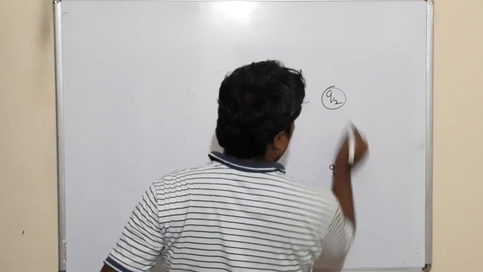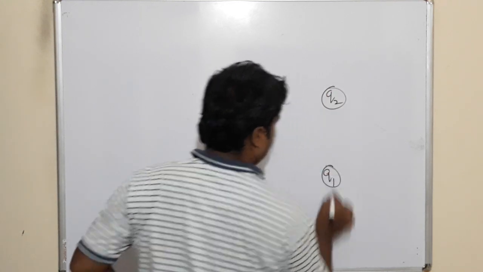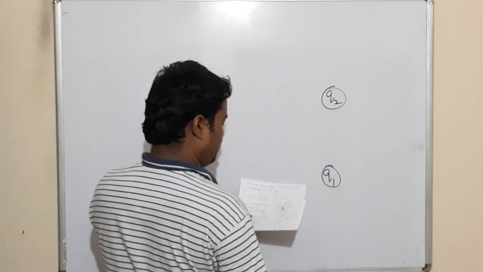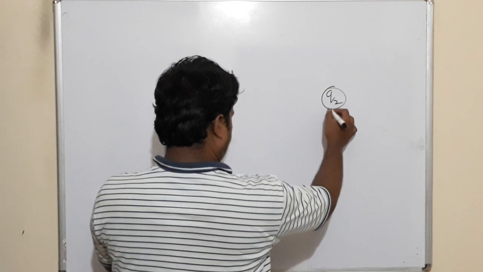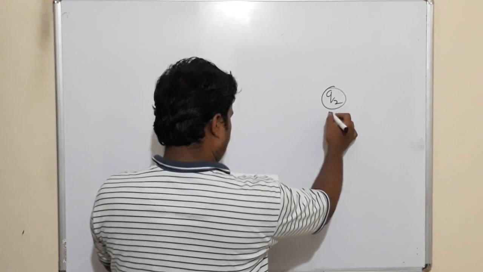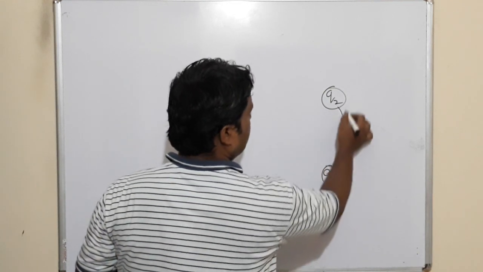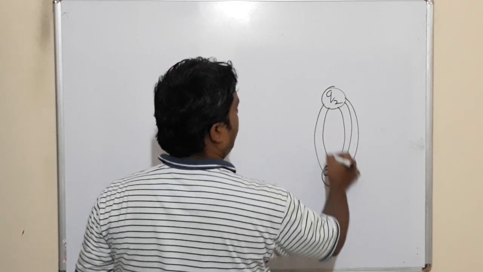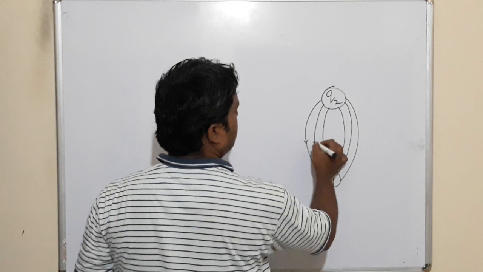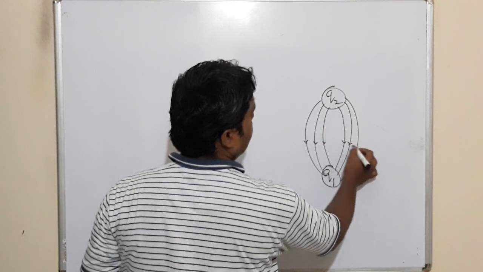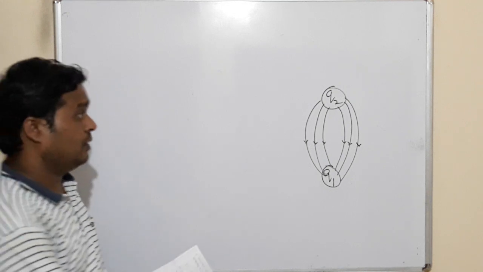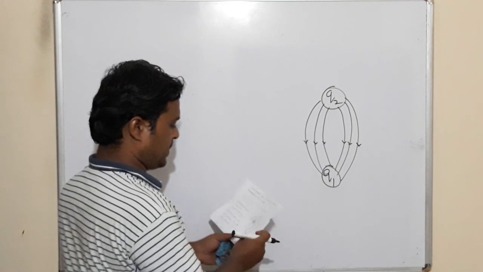If I draw lines like this, 1, 2, 3, 4, 5, 6 lines will be like this. They are going towards Q1, then Q1 must be negative. You can specify the polarity.